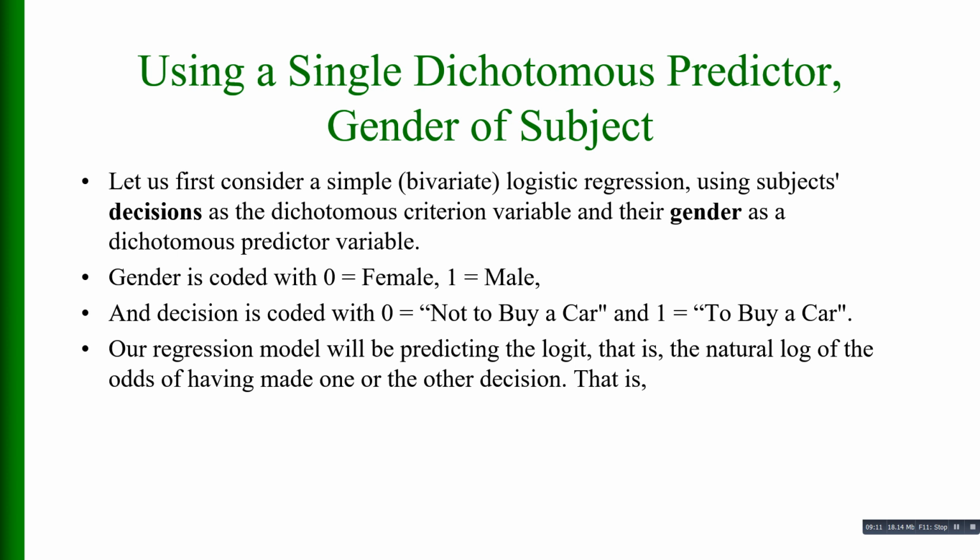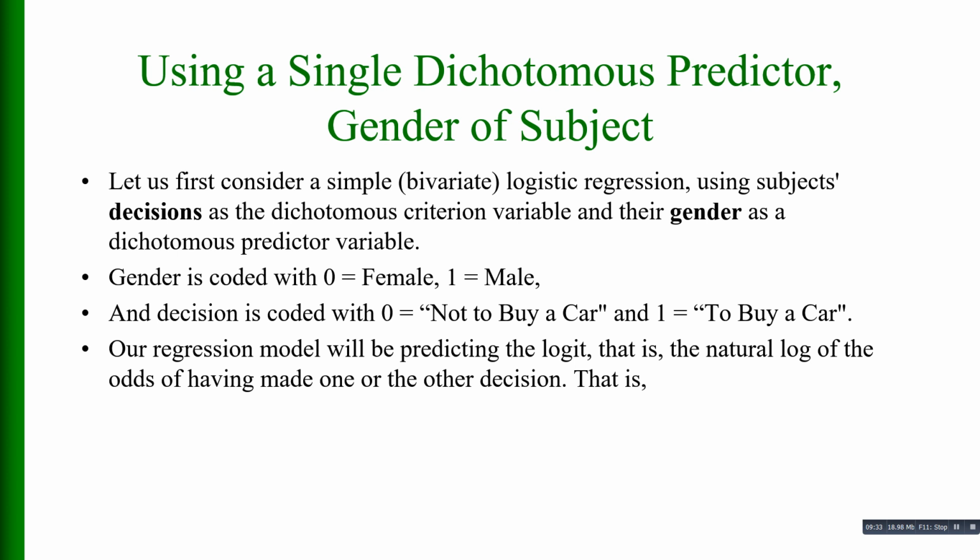In this analysis, gender is coded as 0 and 1, where 1 indicates that the gender is male and 0 indicates that the gender is female. And decision is also coded as 0 and 1, where 1 indicates to buy a car and 0 indicates not to buy a car.